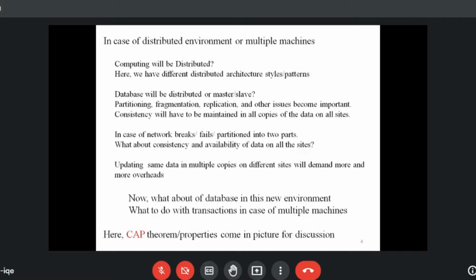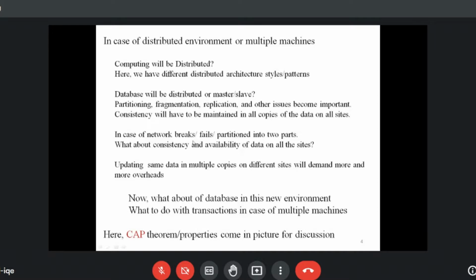In that scenario, we have partitioning, horizontal partitioning, vertical partitioning, and replication, how much I should replicate. So several such issues become important there, and I have written here: database will be distributed or master slave. Partitioning, fragmentation, replication, and other issues become important.